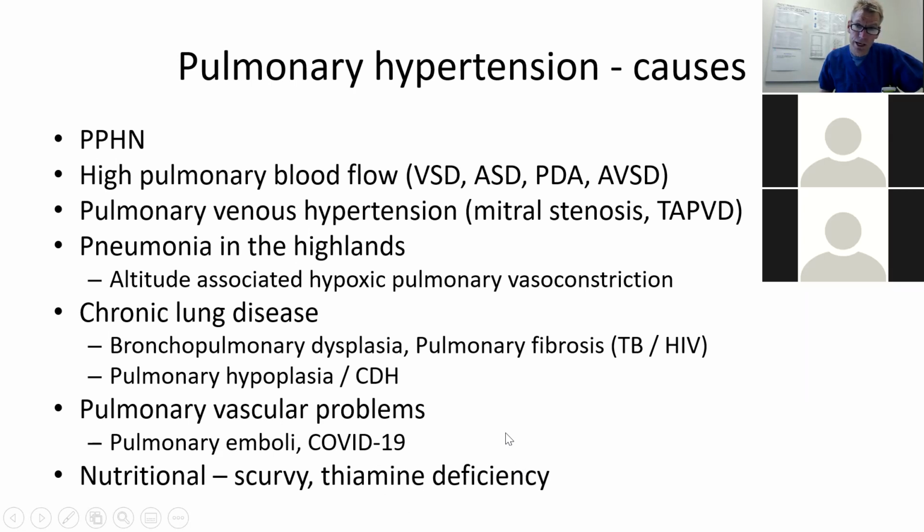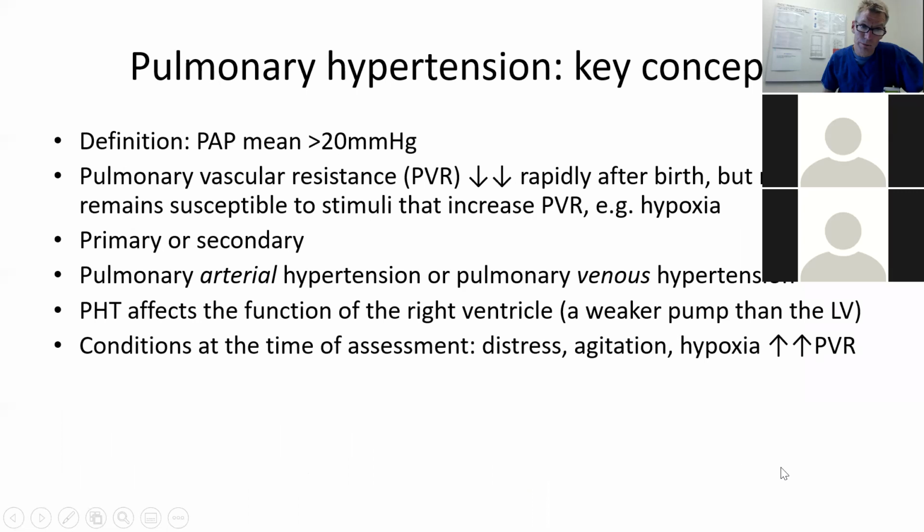If you see children that have malnutrition with evidence of pulmonary hypertension, then you should think, well, maybe they've got vitamin C deficiency or thiamine deficiency. I won't say any more about that, but I think it's important for us to consider. And I always treat these children with both thiamine, multivitamins, because that has thiamine in it, and vitamin C, because sometimes that makes them a bit better. It's a good treatment. Oxygen and multivitamins can help their pulmonary hypertension.